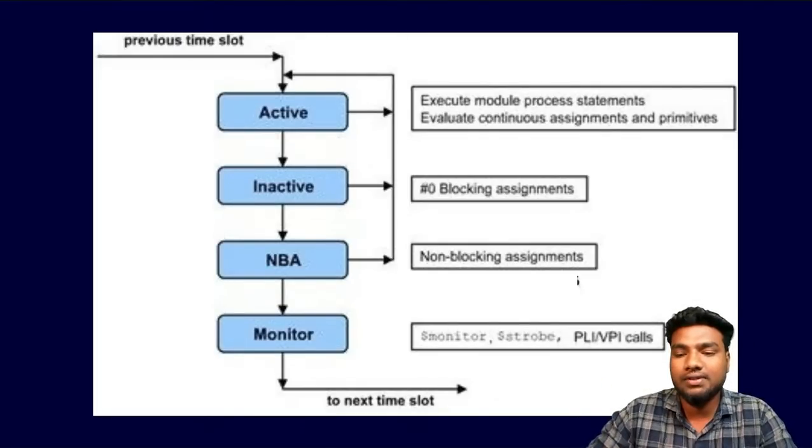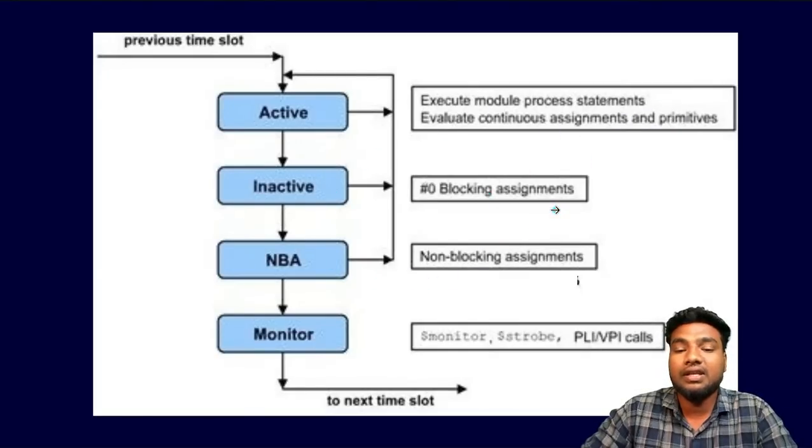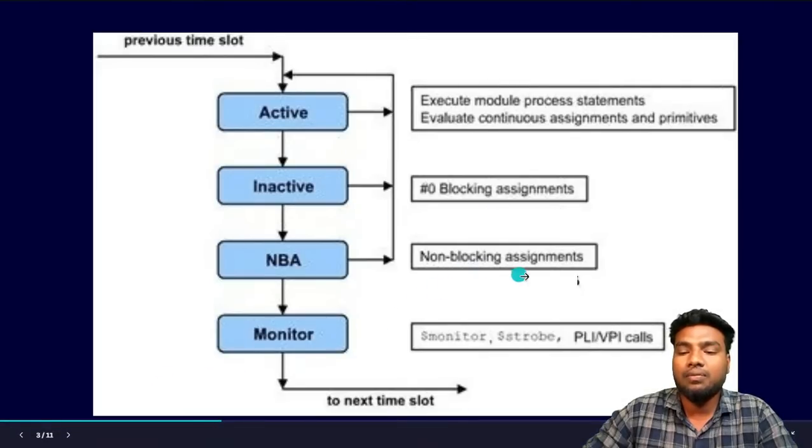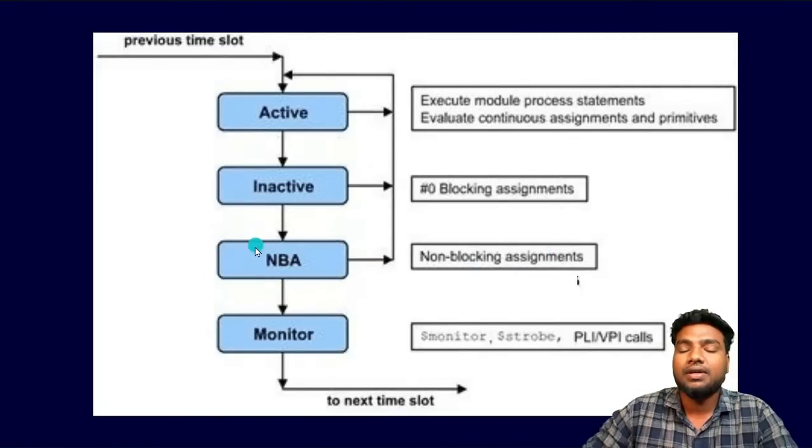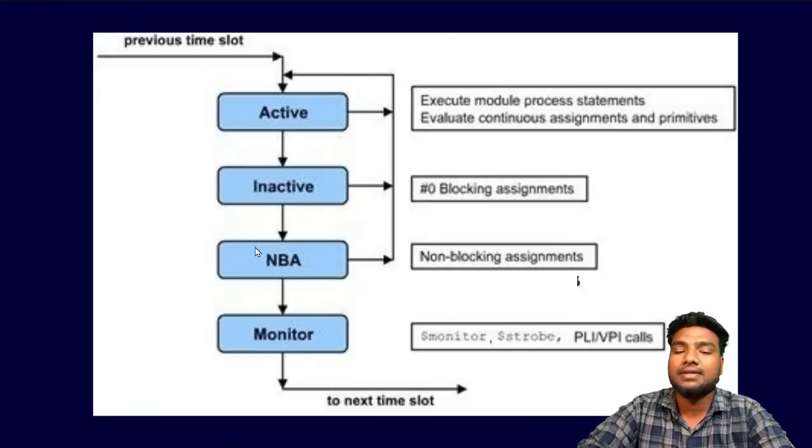In the inactive region, it will perform the delay process. So if you add any delay in your circuit, in your condition, it will do that only. So it will do the delay operation in the inactive region. In the non-blocking region, it will perform the non-blocking assignments.